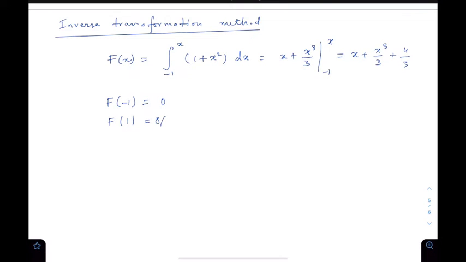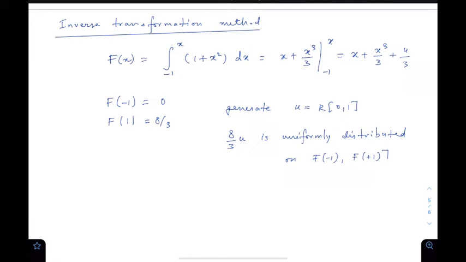So that's why we generate u as a random number in the interval 0 to 1, and then 8 by 3 u is uniformly distributed on F(-1), F(+1).